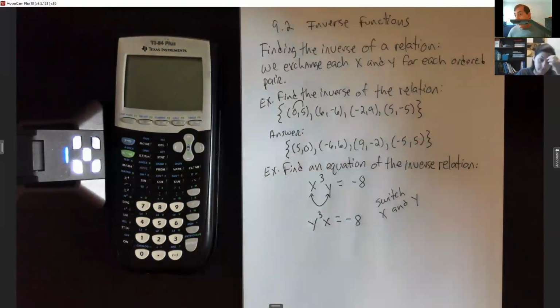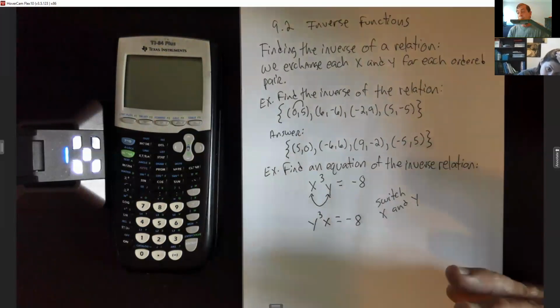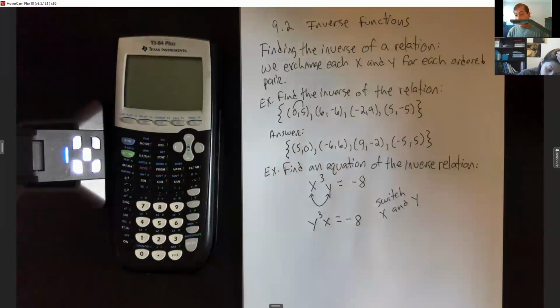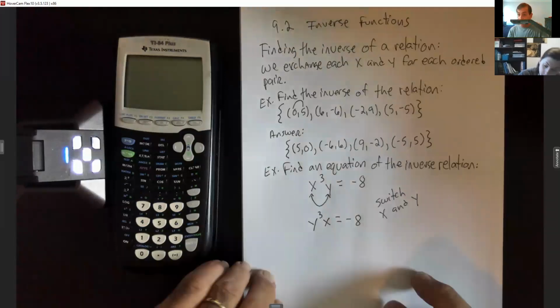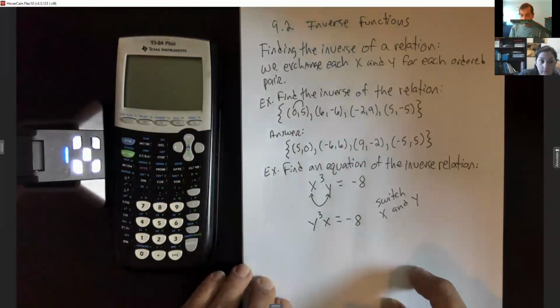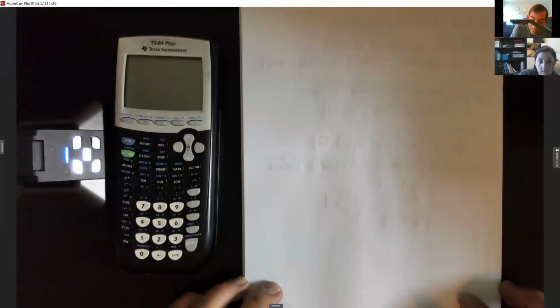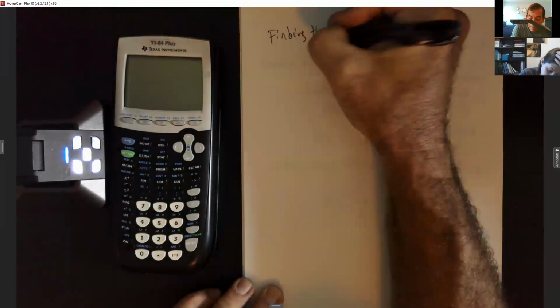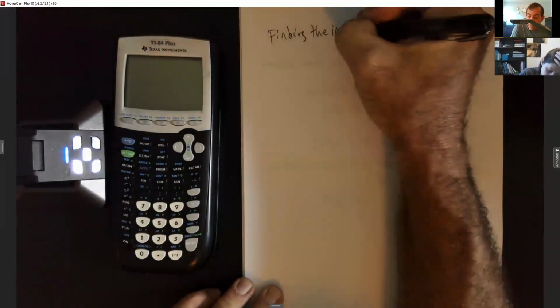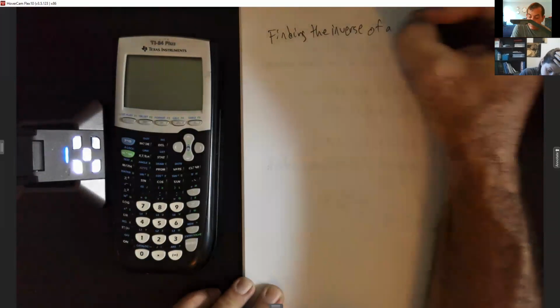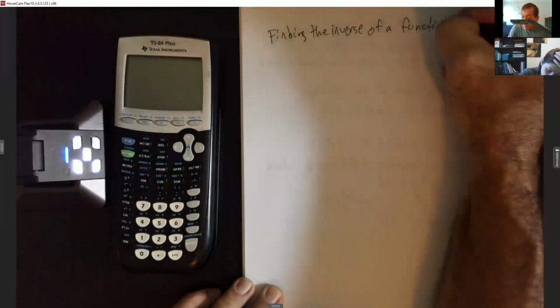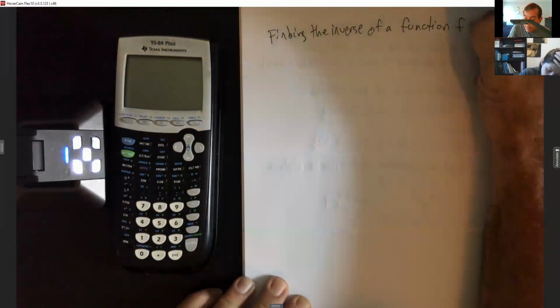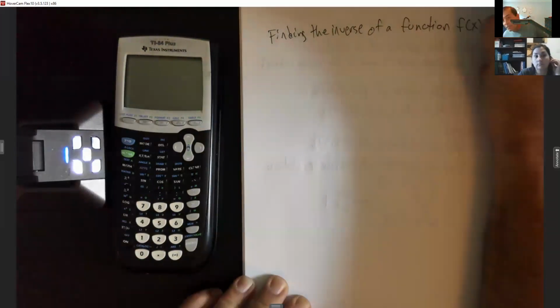All right, but we're more worried about functions in this class than these little relationships. So let me give you the steps to finding the inverse of a function. So here we go, finding the inverse of a function. And remember, my functions were f of x.